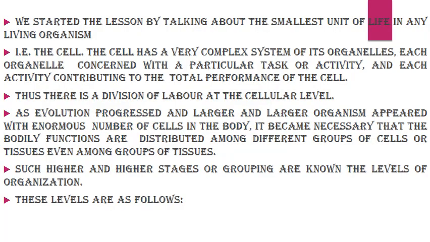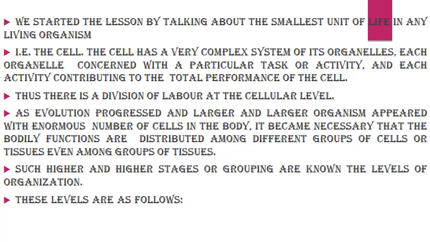We started the lesson by talking about the smallest unit of life in any living organism, the cell. The cell has a very complex system of organelles, each organelle concerned with a particular task or activity, and each activity contributing to the total performance of the cell. Thus, there is a division of labor at the cellular level.